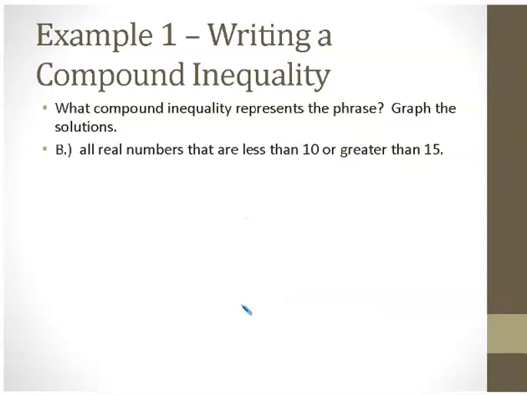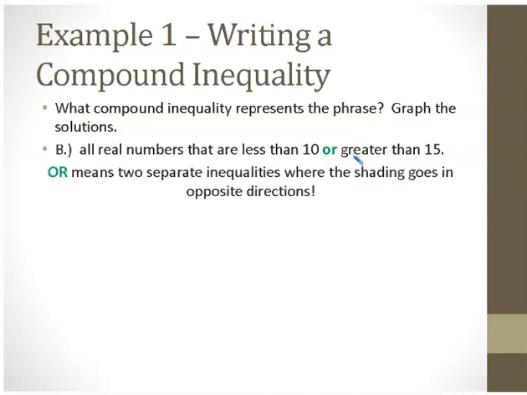Okay, what if I have one that says or? Here we have all real numbers that are less than 10 or greater than 15. Okay, so it separates, and it means the shading goes in opposite directions, right? My shading goes in opposite directions.